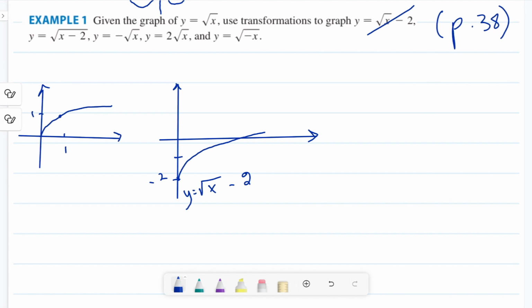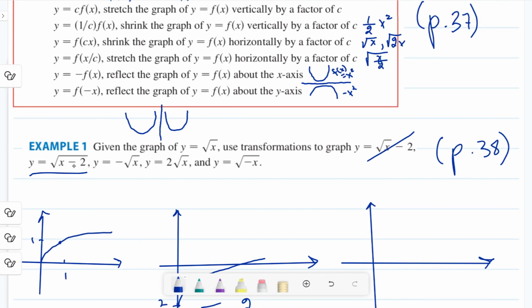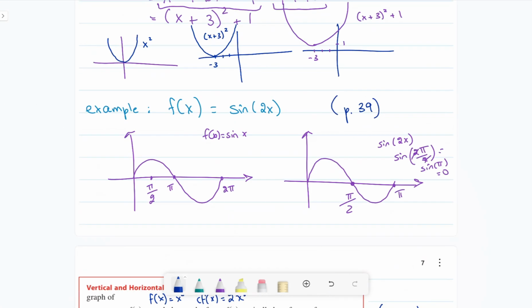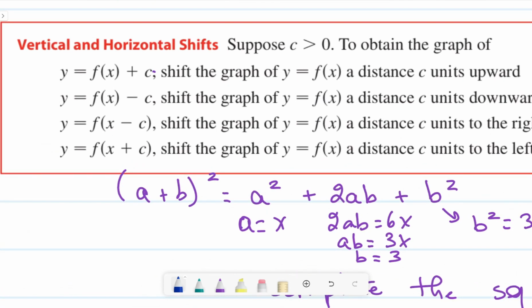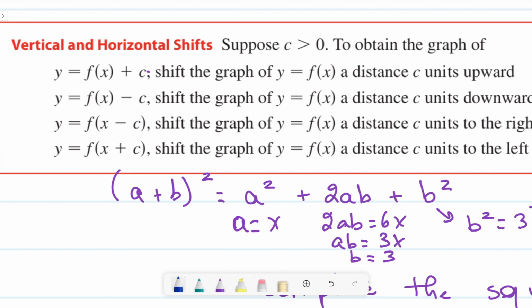Let's look at y equals square root of (x minus 2), where x minus 2 is under the square root. Just to note that in this case, we have a factor of minus 2. Let's look again up. So the minus 2 is being done to the x. So this is f of x minus c.